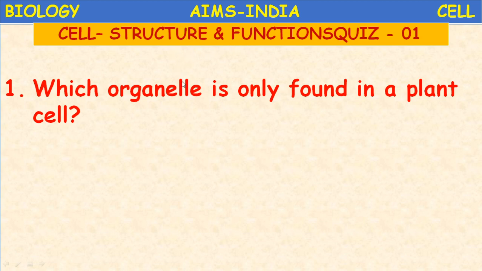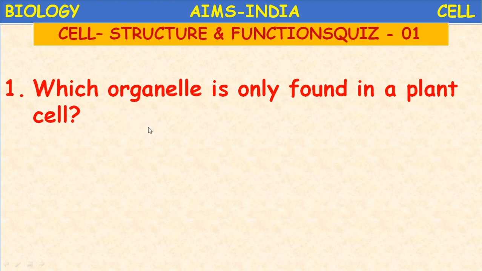If you understood the structure, then you can understand the functions. What we are studying is the electron microscopic view, not the ordinary microscopic view. The cell itself is the smallest unit of living organisms, and inside the cell the organelles are very, very small, nano structures.